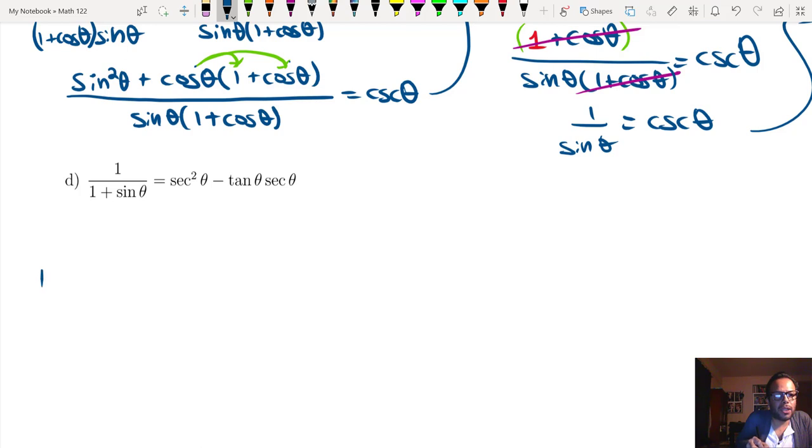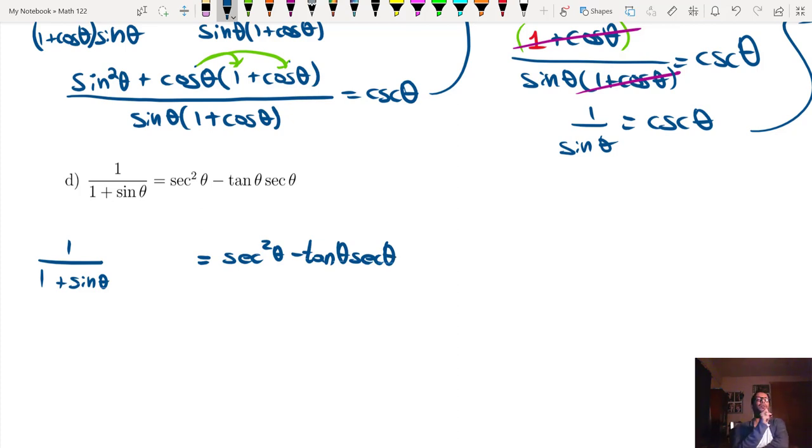I'm going to write this: 1 over 1 plus sine theta equals secant squared theta minus tangent theta secant theta. Okay, what are we going to do?